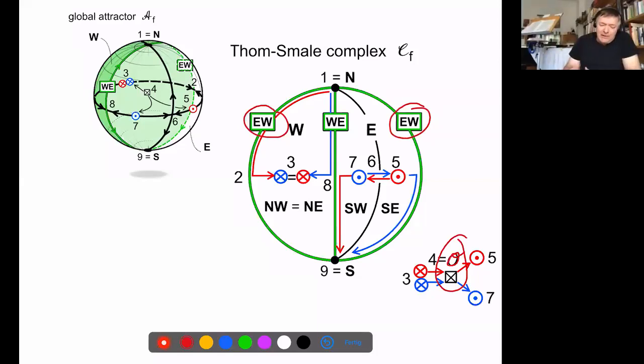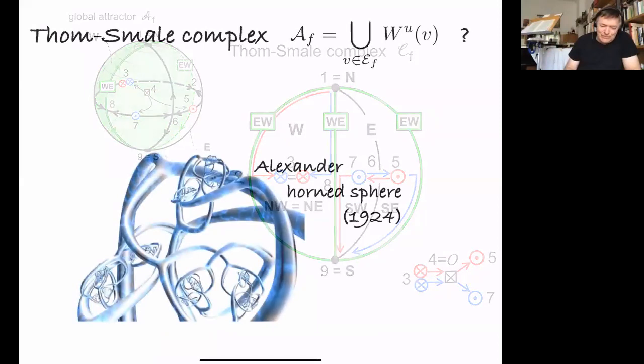You see a cell complex, some two-dimensional disks: two disks on the right and one disk on the left, and so on. So there should be a Thom-Smale complex.